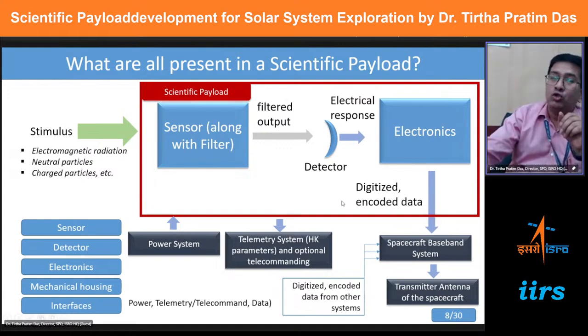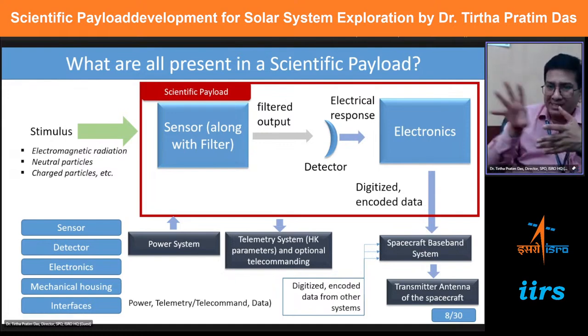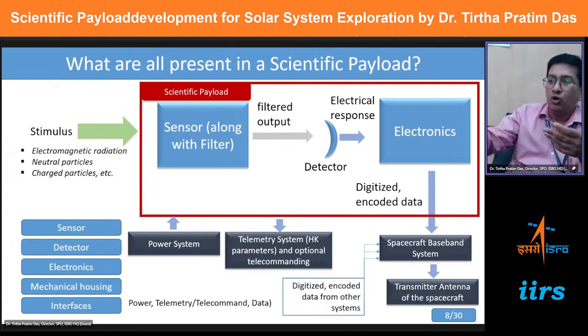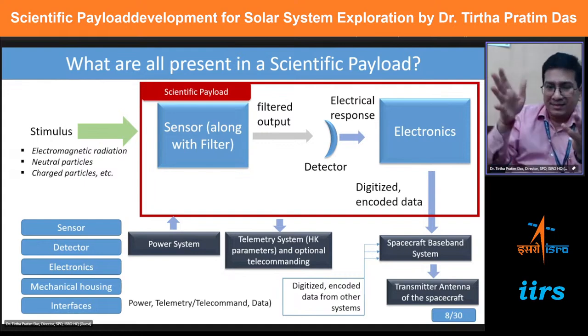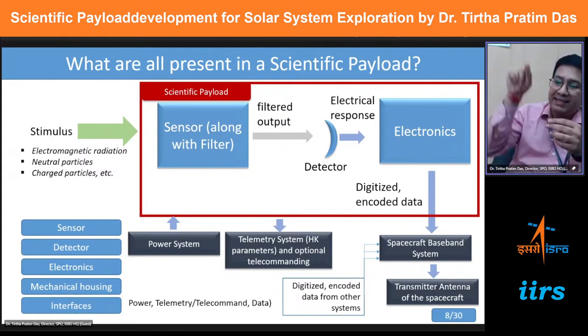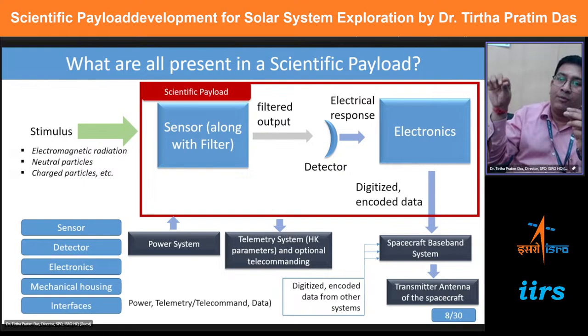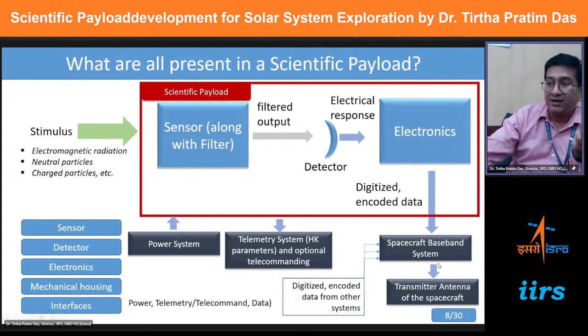The baseband system, for those who are aware of communication technology terms, the signals which are about to be transmitted, which are processed and which are ready in a particular format to be sent through an antenna, are called baseband signals. Okay, so the satellite baseband system takes this digitized or encoded data from the electronics of the scientific instrument as its input, and then the transmitter antenna of the spacecraft takes over and transmits.